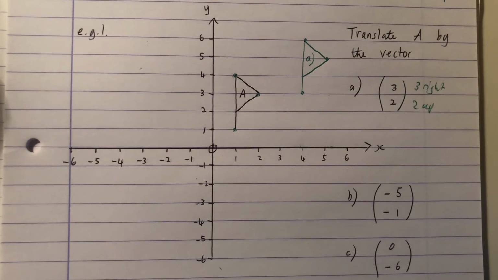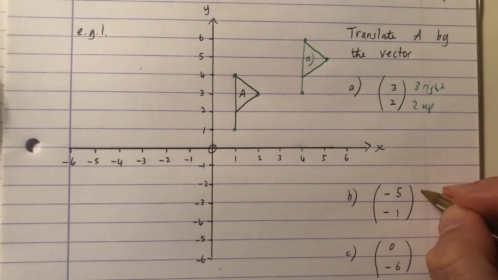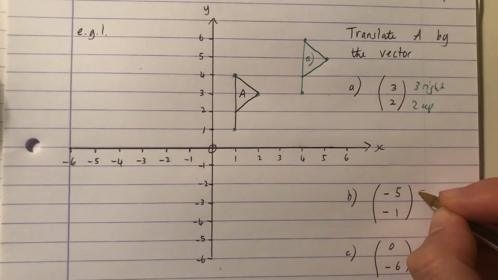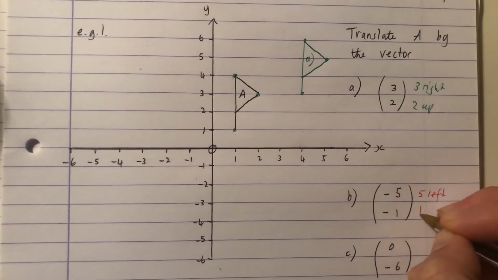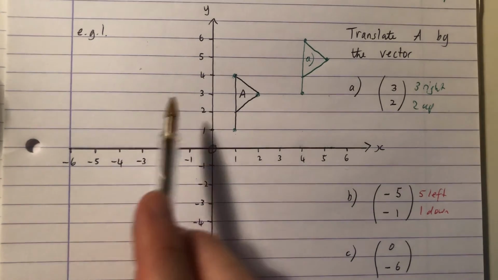Okay, let's try one of the other vectors. So part B, -5, -1. Again, treat it like a vertical coordinate effectively. So 5 left, 1 down. Pick on corners.